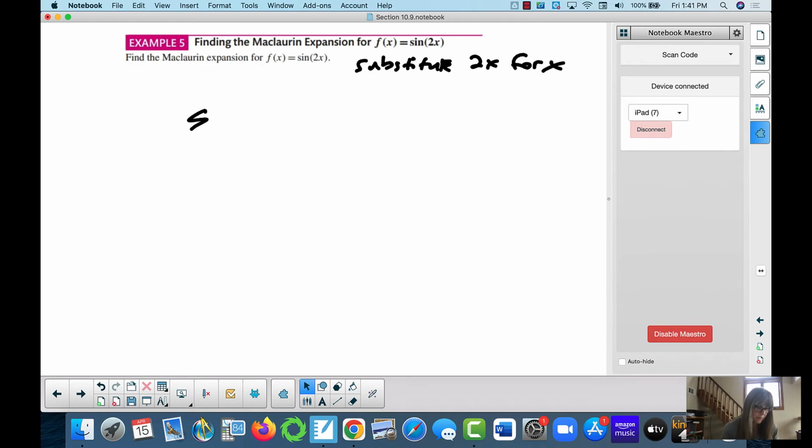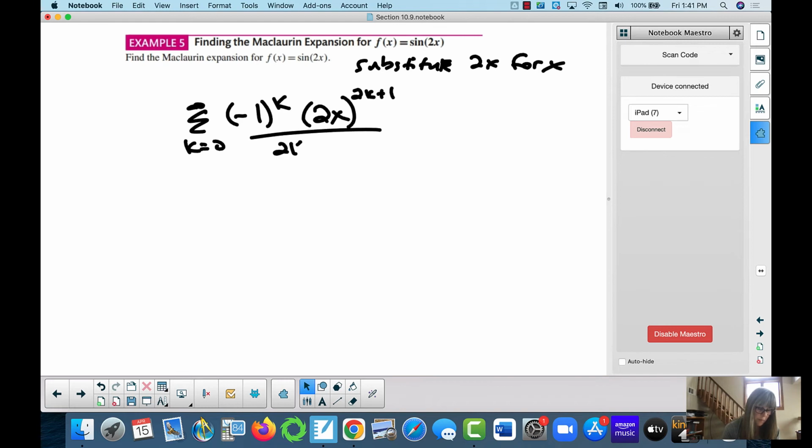So here, I'm just going to go ahead and plug in the 2x where we know the x would be in the sine x series. So I have the -1 to k. Instead of x, I'm going to have 2x to the 2k plus 1 power over 2k plus 1 factorial. So that's our series for sine of 2x.